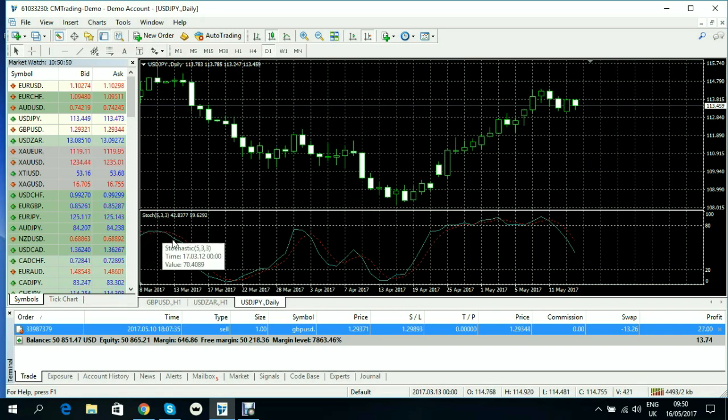So these two lines here are what is representing the stochastic. Alright, so let us look at how its settings are and how best it is used for trading.